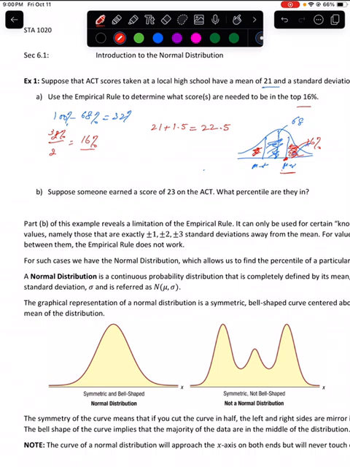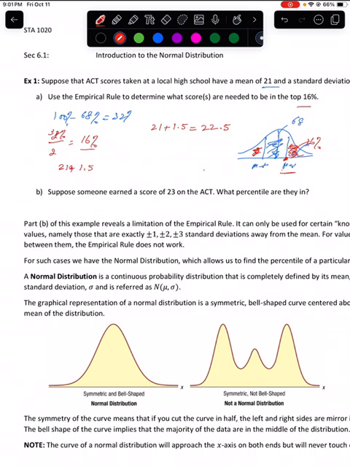Now let's look at part B. Suppose someone earned a score of 23 on the ACT. What percentile are they in? So we try to see whether we can attain 23 by adding multiples of 1.5.